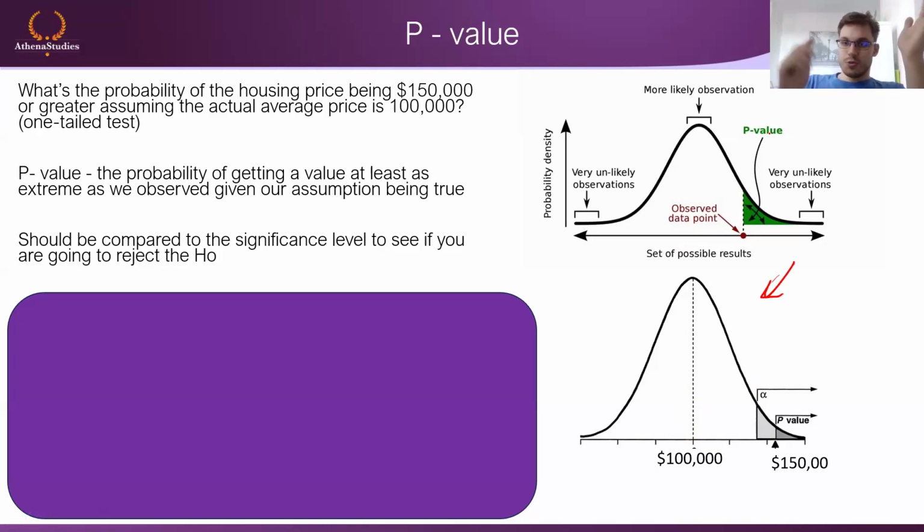We actually go out there and want to see the probability of getting 150,000 as a housing price if the average is 100,000. That probability is going to be the area underneath the curve.